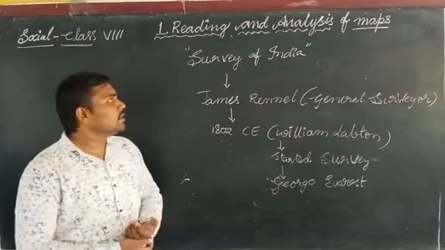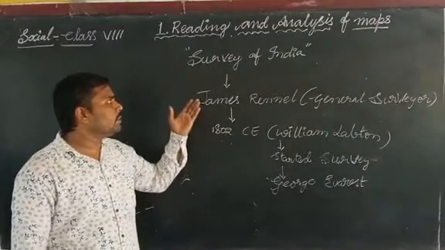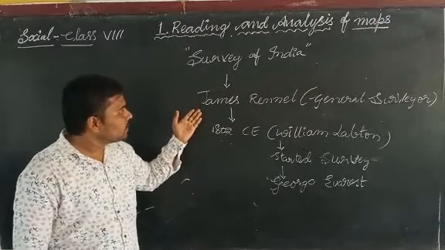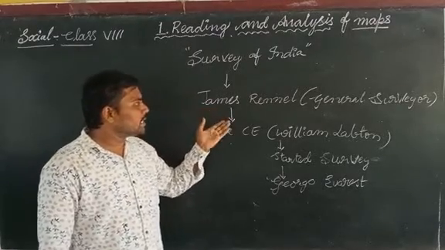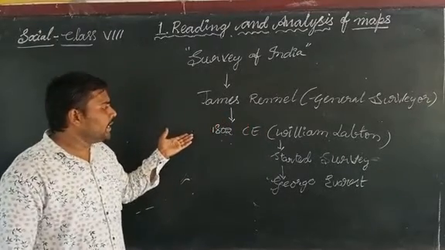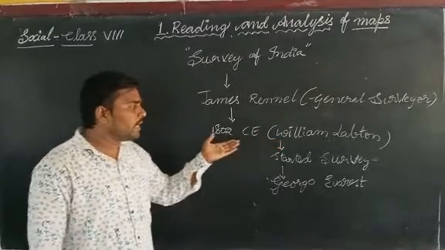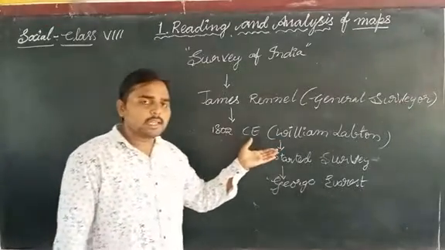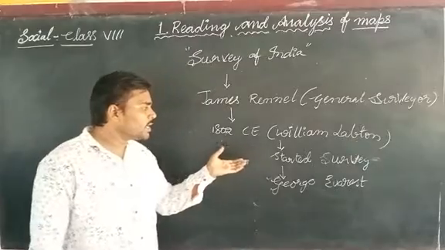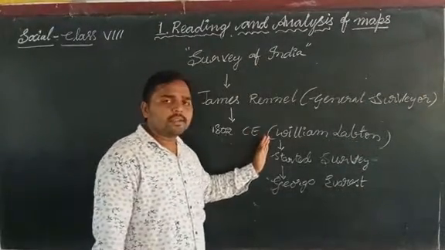Once again, the British established a department called the Survey of India and appointed one person as the General Surveyor. He was James Rennell. In 1802 CE, William Lambton started the survey of India from Chennai to the Himalayas, but he did not complete it.